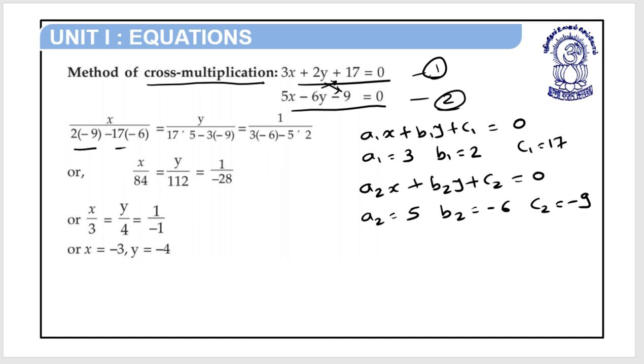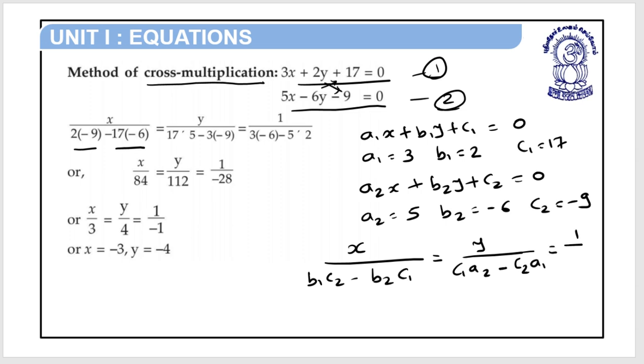So x upon b1 c2 minus b2 c1 is equal to y upon c1 a2 minus c2 a1 is equal to 1 upon a1 b2 minus a2 b1.